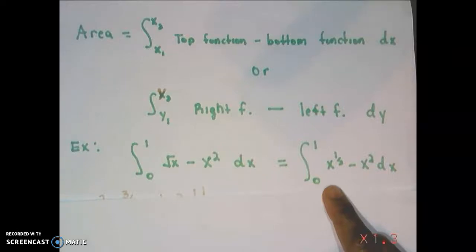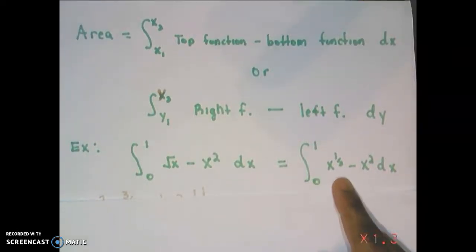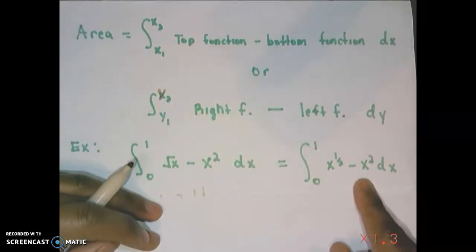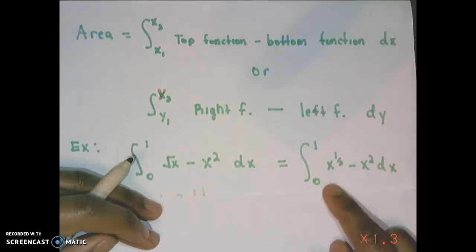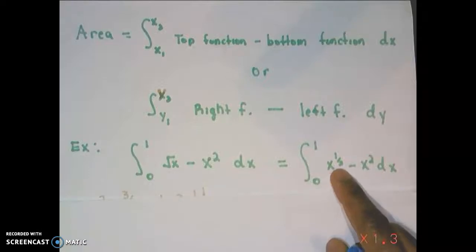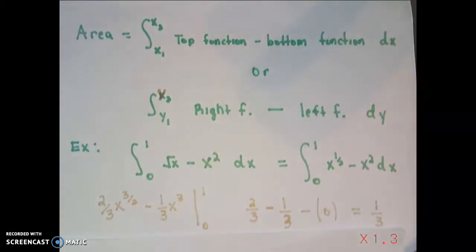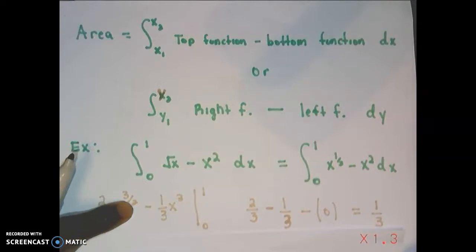And then I just went ahead and rewrote the square root of x as x to the 1/2. Again, this is x to the 1/2 minus x squared. Then we take the antiderivative. Remember, when we take the antiderivative of these functions, that can be written as x to the n, where n is some real number. So I added 1 to 1/2, that gave me 3/2, and I'm going to multiply by the reciprocal of 3/2, so that's where I get the 2/3.